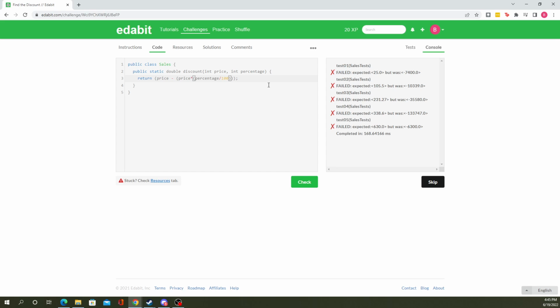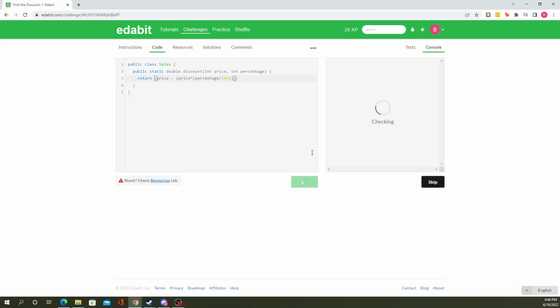I don't like how it erases my parentheses, but that's okay. So now we're taking percentage divided by 100, which will give us the decimal. Say the 75% discount: you have a 75 integer divided by 100, you get 0.75 times the price. And that will solve the problem for us, if I did my parentheses right.